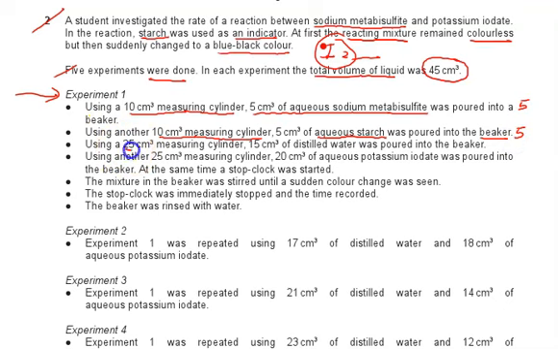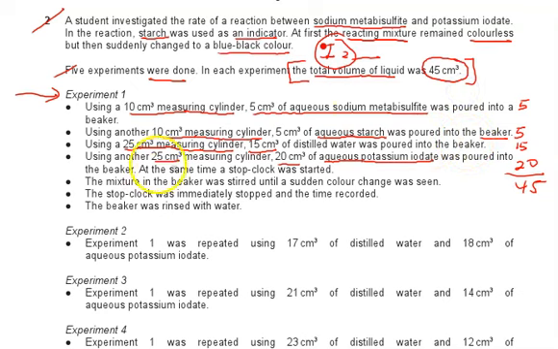Using a 25 cm³ measuring cylinder, 15 cm³ of distilled water was poured into the beaker. Using another 25 cm³ measuring cylinder, 20 cm³ of aqueous potassium iodide was poured into the beaker. So here's the final 20. All together we have 45, the total volume of the liquid.